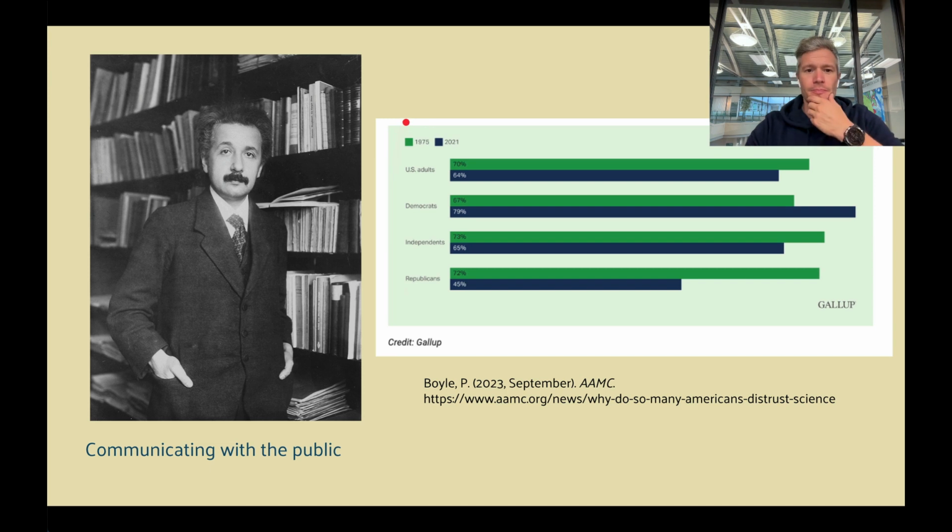So this is the question posed for this, and it was along the lines of, how much do you trust science and scientists? I think in particular, this one might have been medical science, but I think the question was just science broadly. We can see the green is 1975 for that bar graph, and the dark blue or navy blue is 2021.